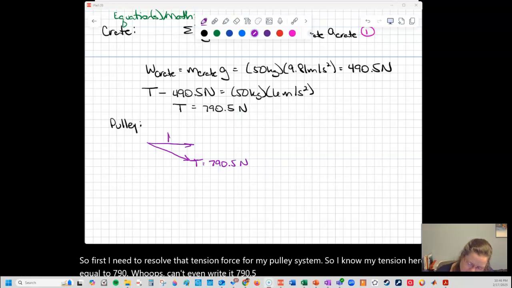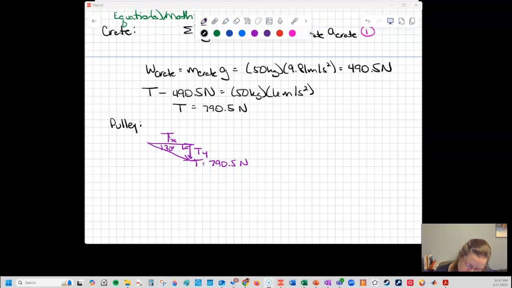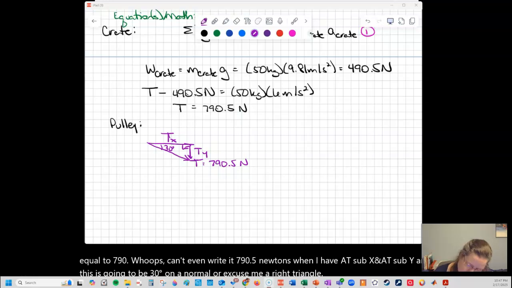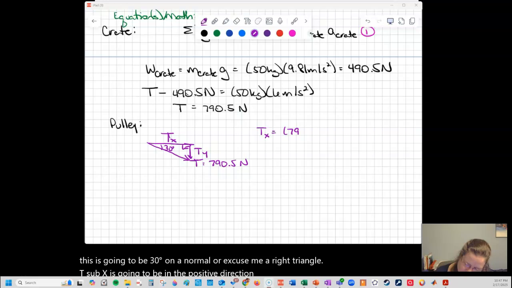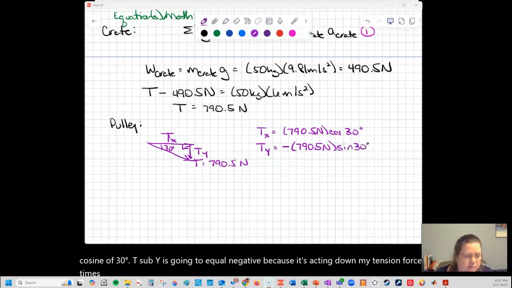I'm going to have a T sub X and a T sub Y, and this is going to be 30 degrees on a right triangle. T sub X is going to be in the positive direction. It's going to be 790.5 newtons times the cosine of 30 degrees. T sub Y is going to equal negative, because it's acting down, my tension force times the sine of 30 degrees.